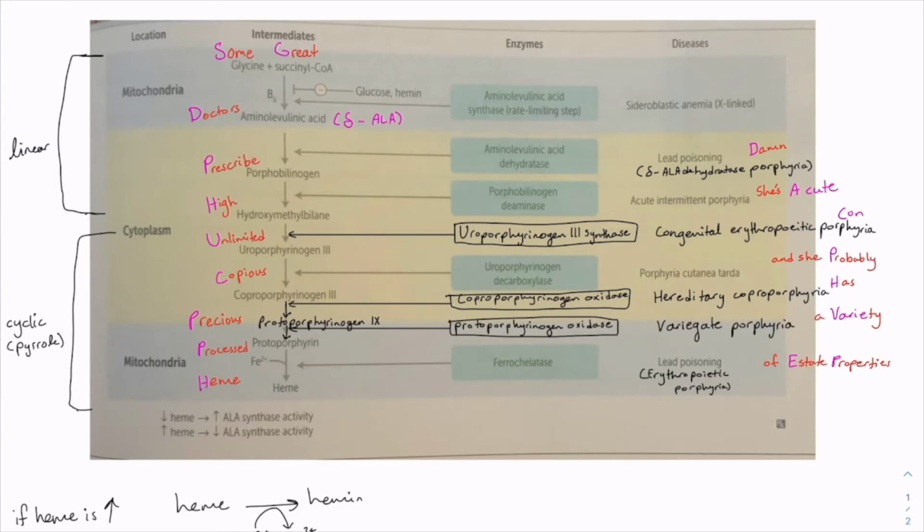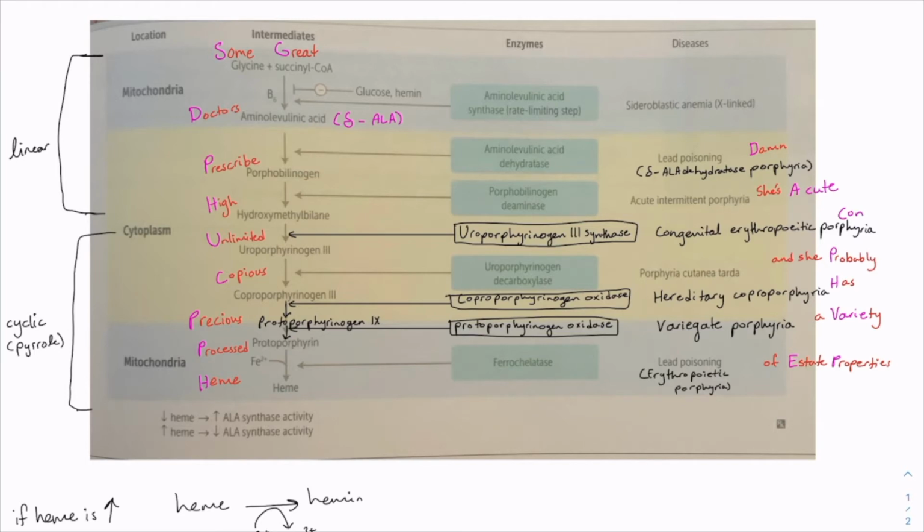Now this enzyme is very unique because it contains zinc, and so it's sensitive to metal poisoning. For example, if someone had lead poisoning, then it would lead to the replacement of zinc by lead, and that would cause the inhibition of this enzyme. And as you all know, if an enzyme is inhibited, then its substrate accumulates. And why is that?